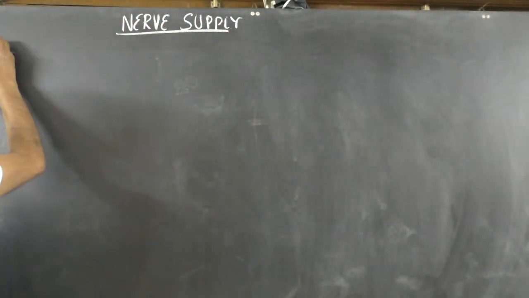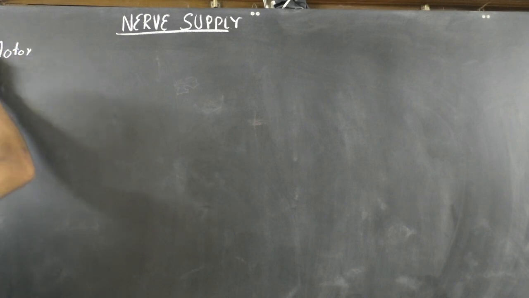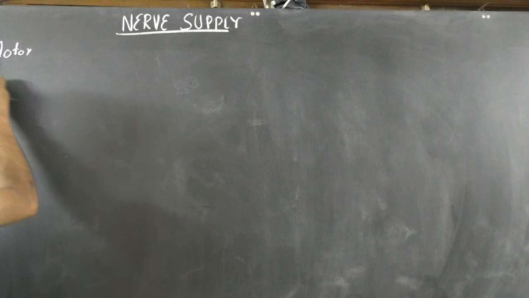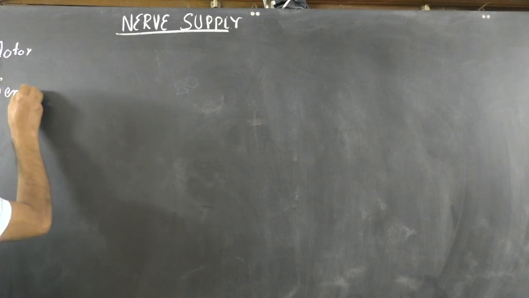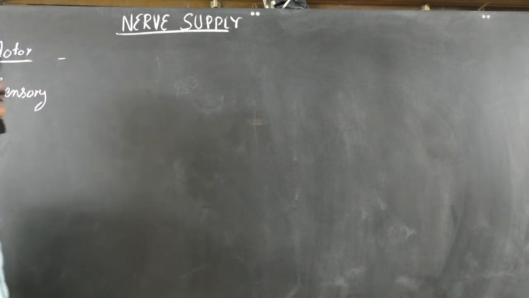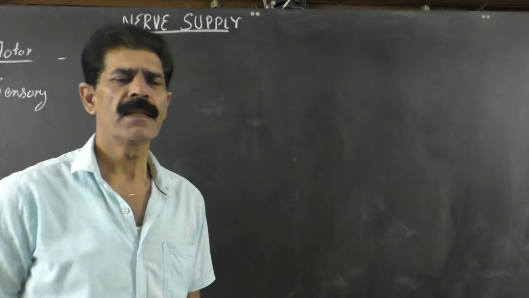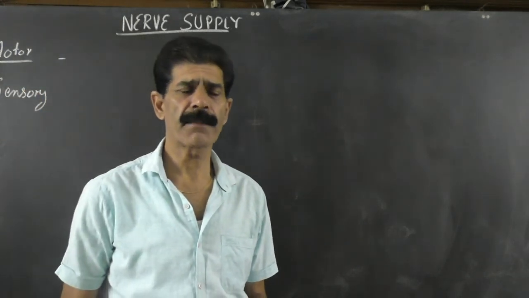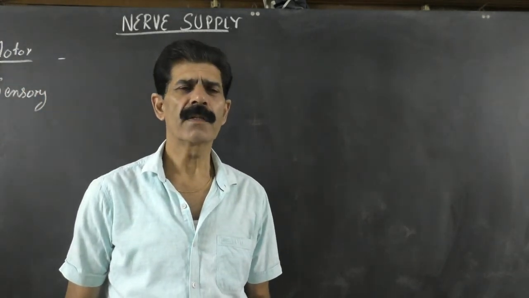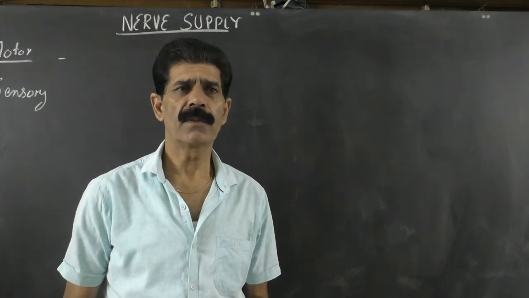One is called the motor and the second is called the sensory. Motor nerve supply: all the muscles of the tongue are supplied by the hypoglossal nerve except the palatoglossus, which is supplied by the pharyngeal plexus through the accessory nerve.